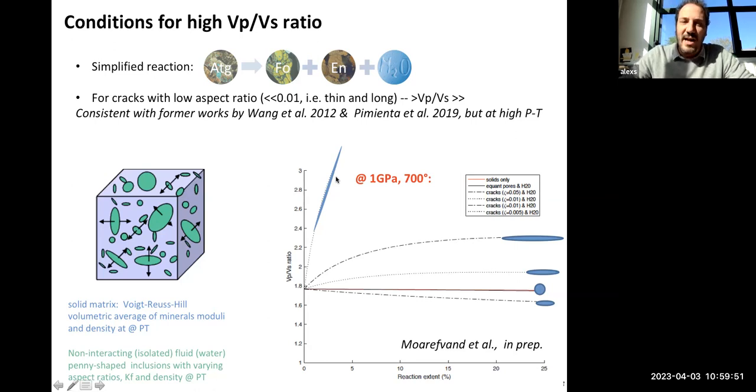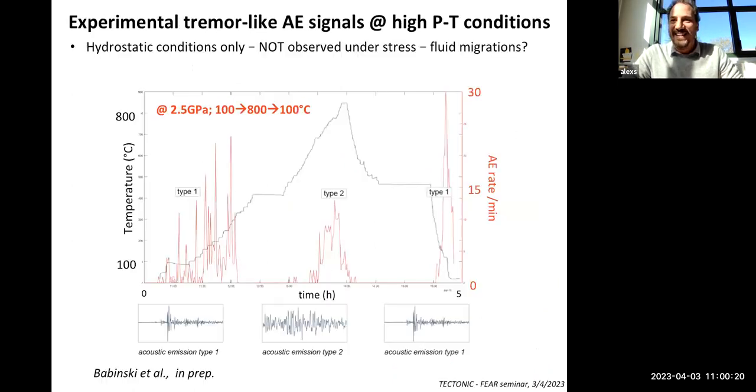So there is good evidence that if you dehydrate material at high pressure, even at 1 or 2 GPa, you will have a drop in velocity and an increase in the VP/VS ratio, as is seen in subduction zone environments. So this is a good explanation of the tomographic observations made by our tomographic colleagues.